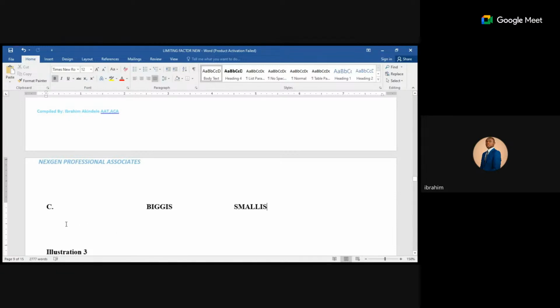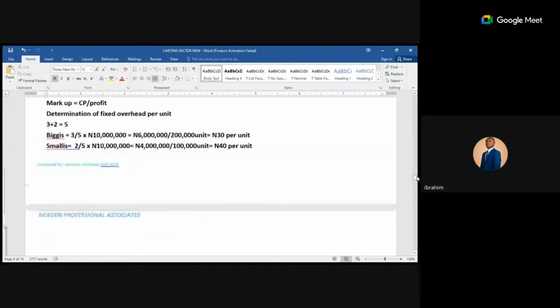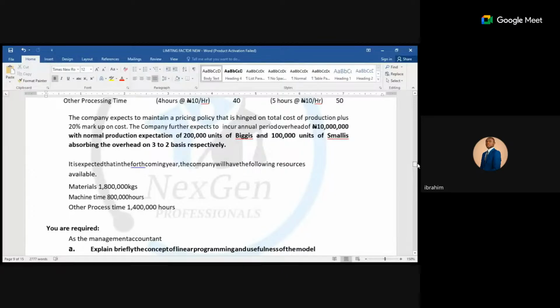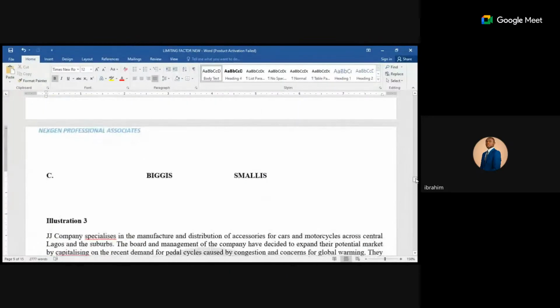Now we want to determine which one of the available resources given to us is the limiting factor. So let's start with material.